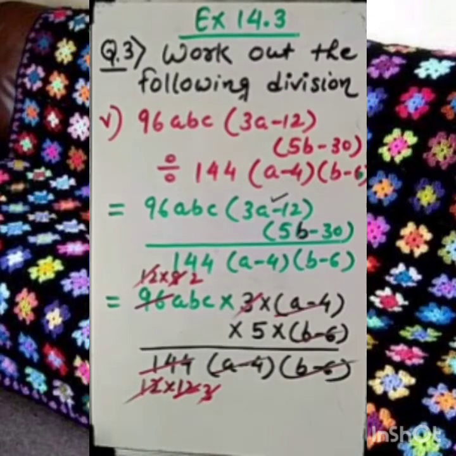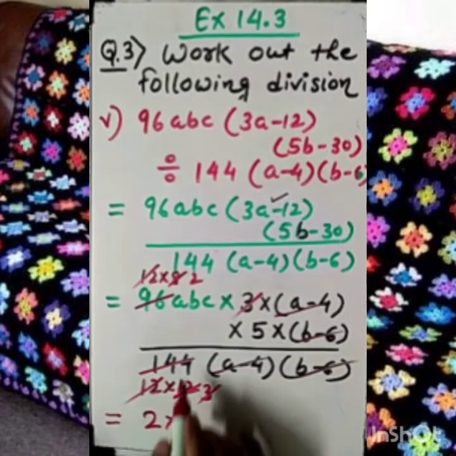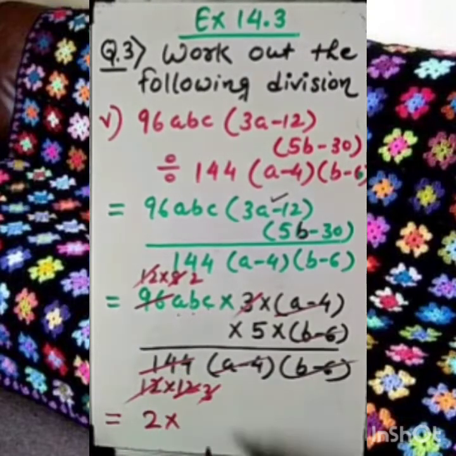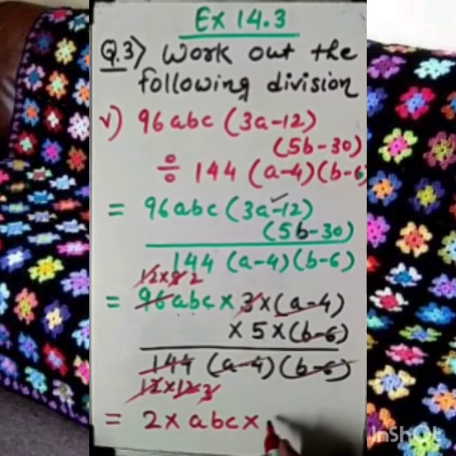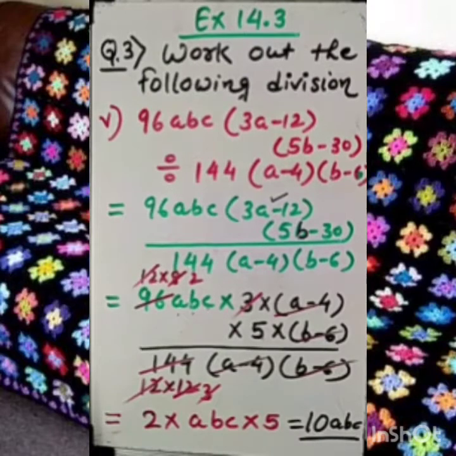Now, what are the remaining terms? Here 2 is left, into a, b, c, so abc, and beside this, 5 is left. So when we have the product of all these terms, the final answer is 5 twos are 10 and abc. So the answer is 10abc, that is the division after simplifying this.